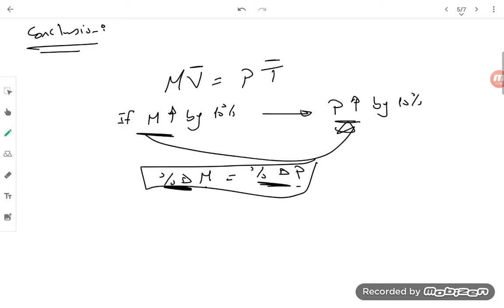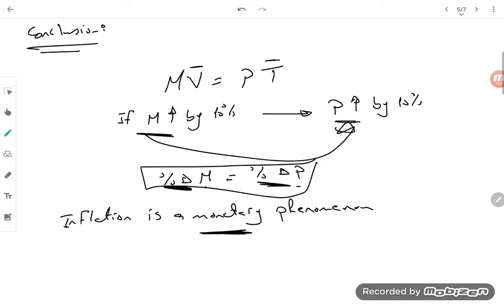From this, we can conclude that inflation, which is the increase in the general price level, is a monetary phenomenon, which means it's based on money supply. It's related to monetary theory or monetary policy. It's not a physical one. Or in other words, inflation is caused by an increase in money supply.